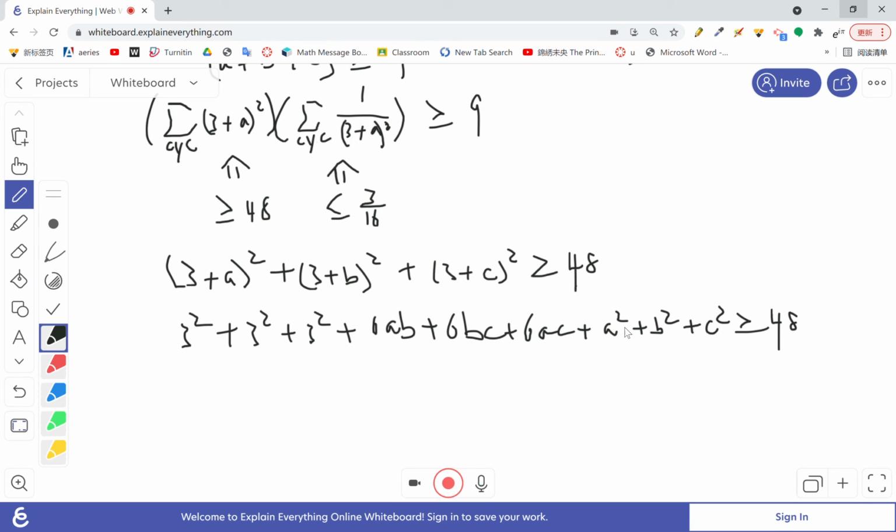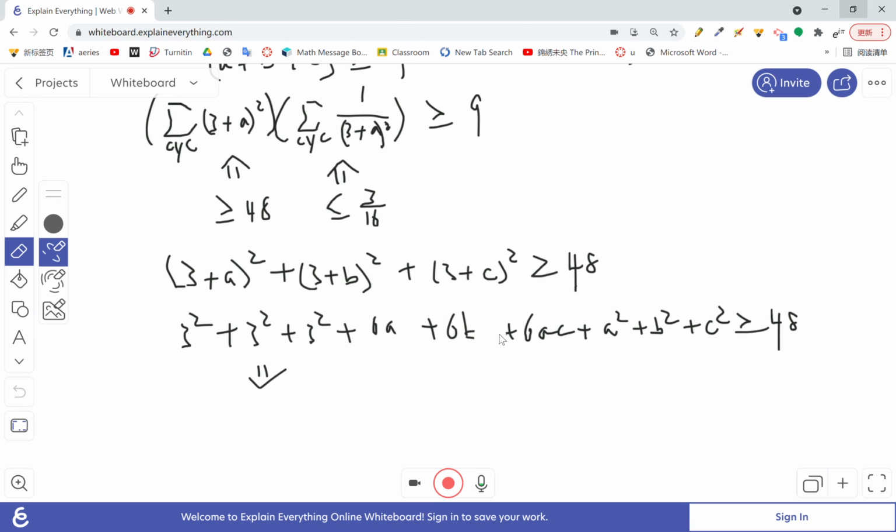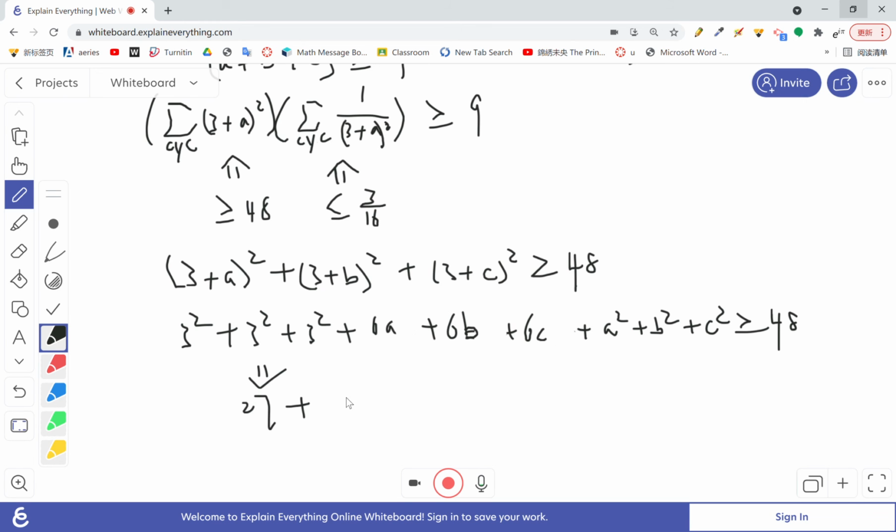Wait, I made a mistake. This should be 3a plus 3b, 6a plus 6b plus 6c. Now this becomes clear: 27 plus 6 times (a plus b plus c), which is equal to 3, so we get 18, plus a squared plus b squared plus c squared is larger than or equal to 48.